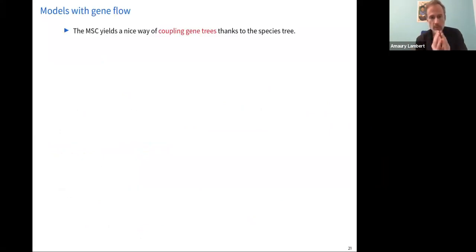So recall that the multispecies coalescent yields a nice way of coupling gene trees, right? Because you have many gene trees, they cannot be independent because they share at least partially some evolutionary history. Recombination was a way of doing that in the ancestral recombination graph. The multispecies coalescent is a way of doing that by assuming that, conditional on the tree, the gene trees are independent.